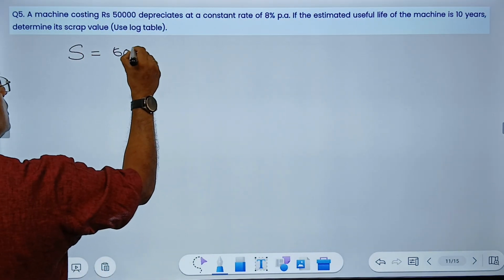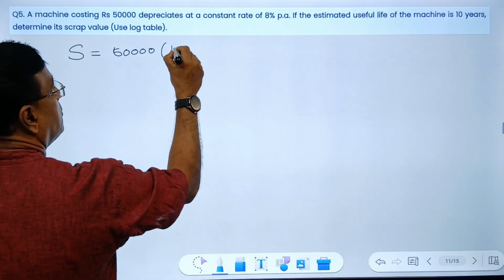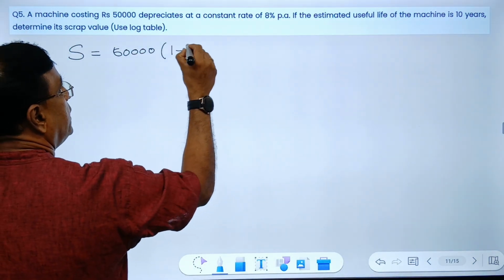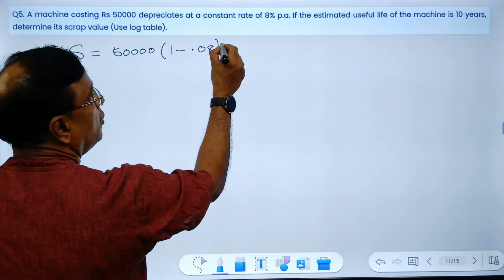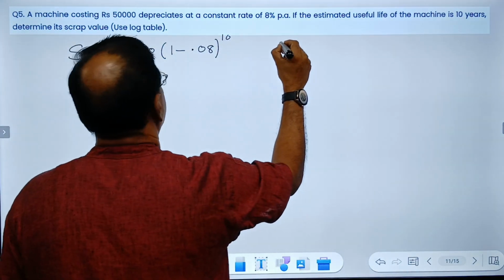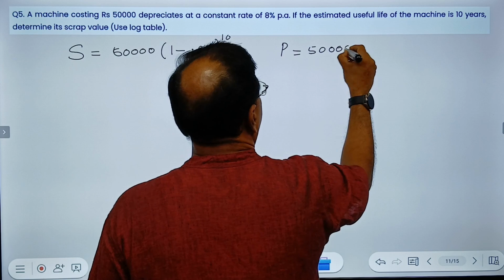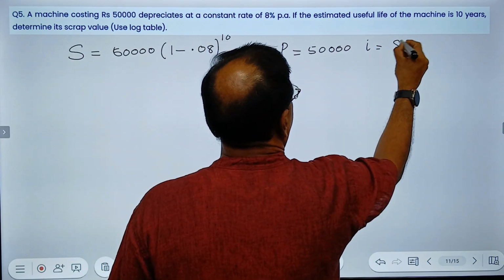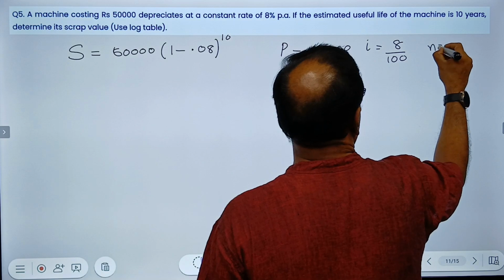Principal into 1 minus 0.08, the whole power 10. Because here it is given P is 50,000 and I is 8 by 100 and the useful life is 10 years.